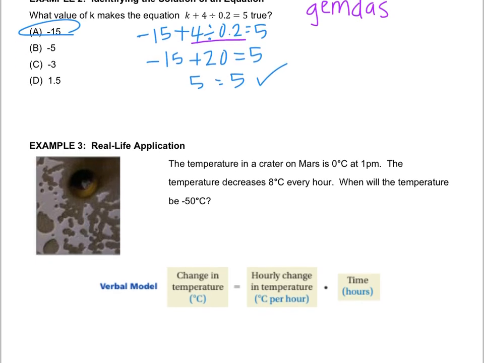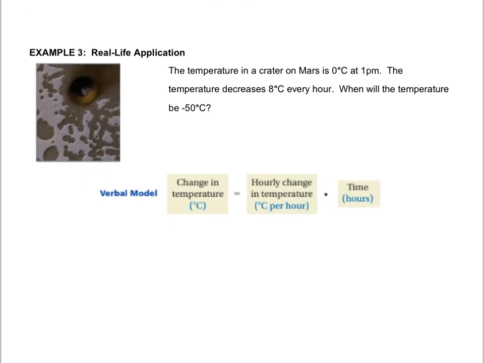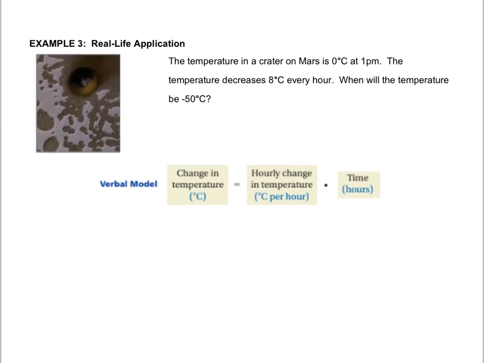The temperature in a crater on Mars is 0 degrees Celsius at 1 p.m. The temperature decreases 8 degrees Celsius every hour. When will the temperature be negative 50? So here's a word problem, and they've given us a little verbal model, so they told us how to set up the equation. The change in temperature is equal to the hourly change in temperature times the time.